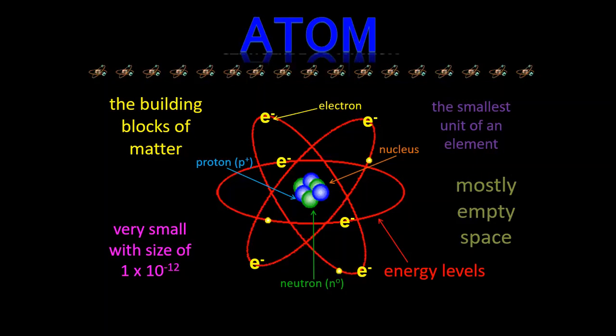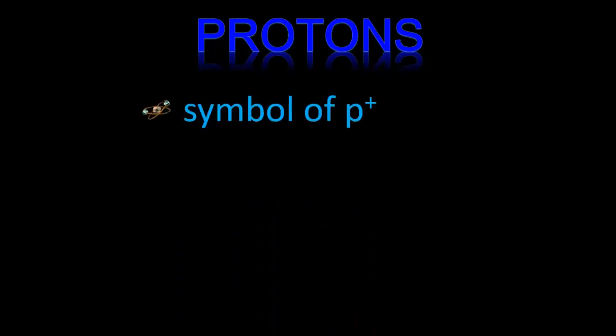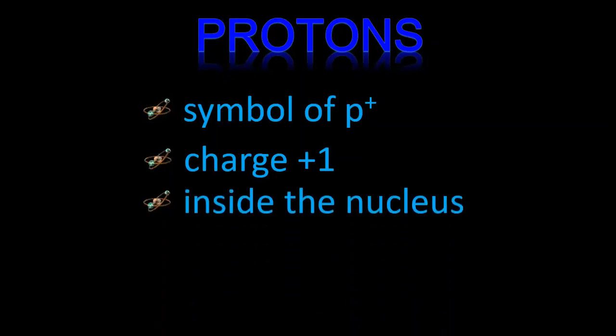Now, we're going to talk about some of the particles we mentioned earlier, the protons, neutrons, and electrons. And let's start off with the proton. Well, everybody knows, maybe not everybody knows, but a lot of people know a proton has a positive charge, right? A positive one charge. And where are they? As we said, they're in the nucleus.